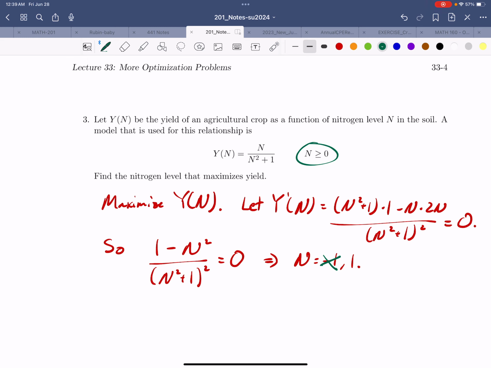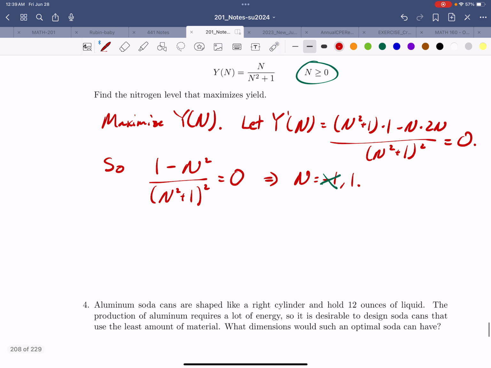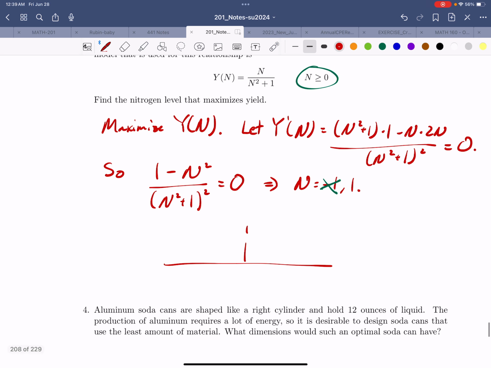And I don't think they give us any units, so we're fine there. They say find the nitrogen level that maximizes yield. Okay, well, there's our nitrogen level. Let's just ensure it's a max, but it should be. Plugging in 0 into y prime clearly gives you a positive, and then plugging in anything bigger than 1 clearly gives you a negative, so we're good on that.